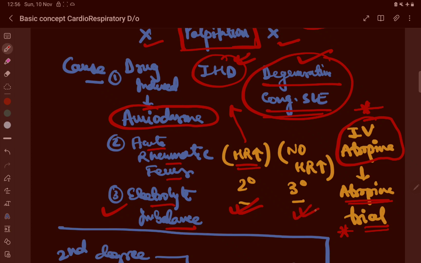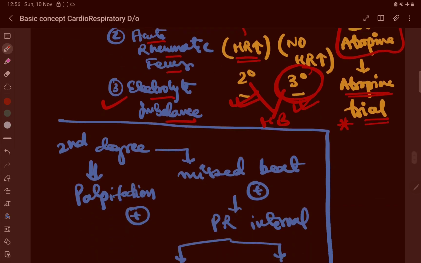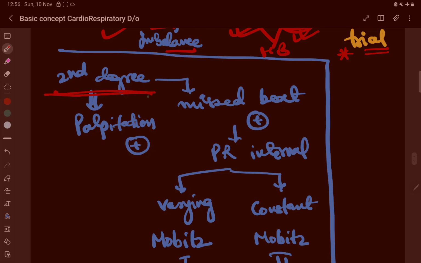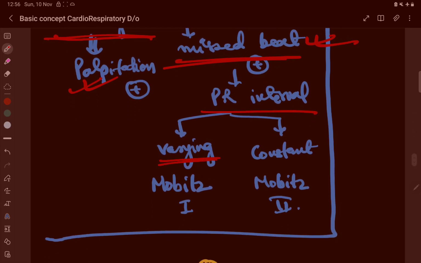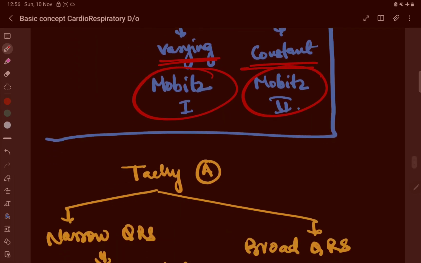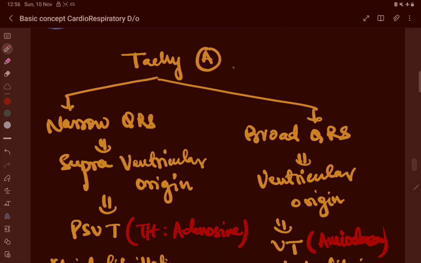If there is no increase in the heart rate, it is the third degree heart block. So by doing the atropine trial, we differentiate between second degree and third degree heart block. Okay. In the second degree heart block, the palpitation is present, there is a missed beat, we'll discuss later. If the PR interval is varying, it is known as Mobitz 1, and if it is constant, it's known as Mobitz 2. Okay.